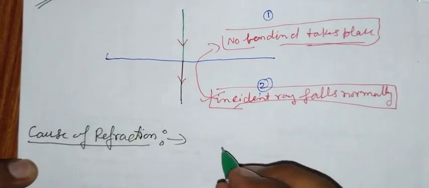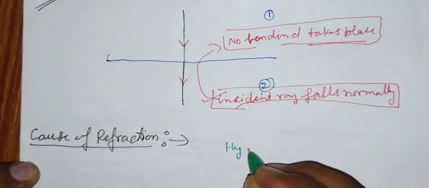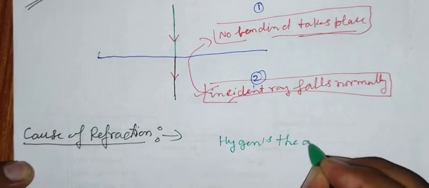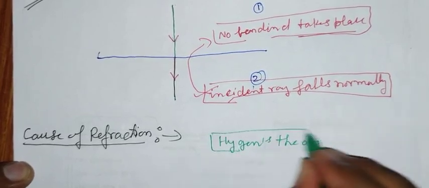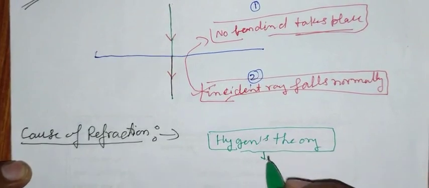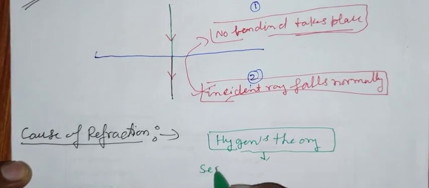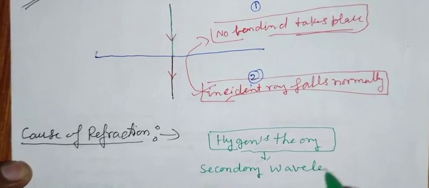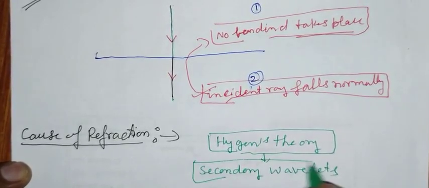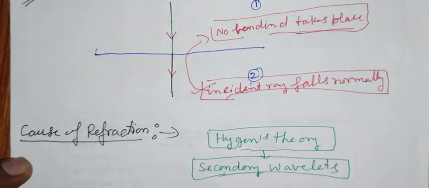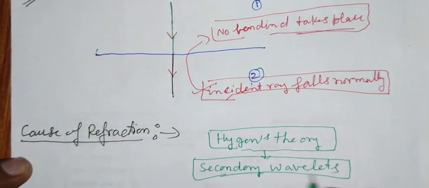Huygens' theory is used to explain it. We know that in Huygens' theory there is the concept of secondary wavelets. The propagation of light, the movement of light, is due to the secondary wavelets.